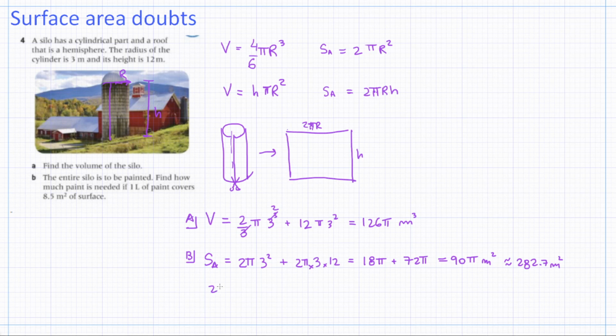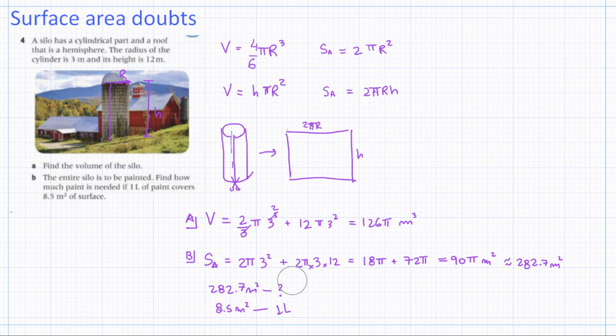So what we have to find now is the ratio. If it takes me 1 liter to paint 8.5 square meters, how much would it take me to paint 282.7 square meters?